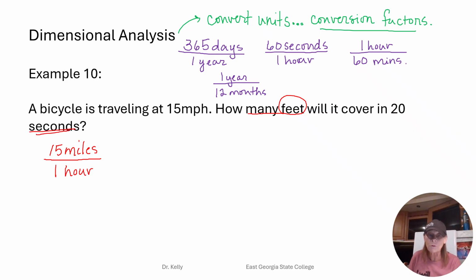So we have a couple other things to do. So let's notice what we need to do. First, we need to convert miles to feet. And we also need to convert hours to seconds.